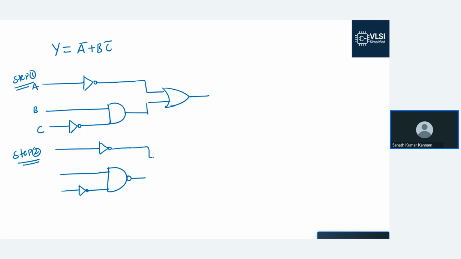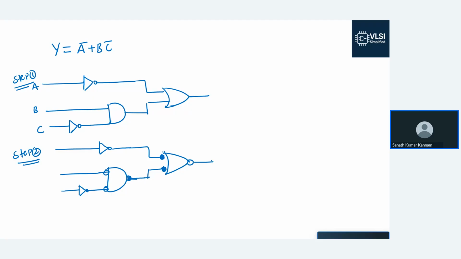So you need to add the bubble at the output of the AND gate, and at the input here. And here you need to add the bubble at the output of the OR gate.